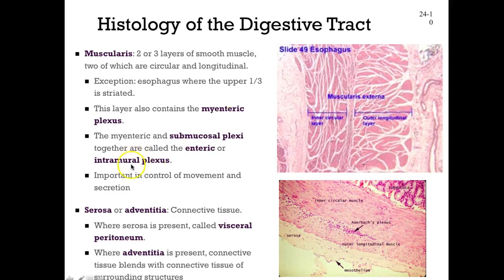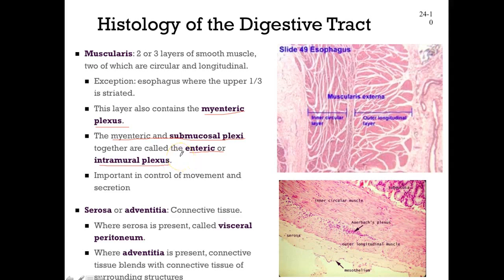We'll also have another important plexus here. Remember, plexus is referring to our nervous system, and this is called your myenteric plexus. So together, we just learned about that submucosal plexus in our previous layer, the second layer. And so together, the myenteric and submucosal plexi are going to be called your enteric or the intramural plexus.